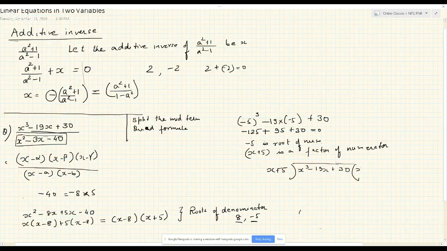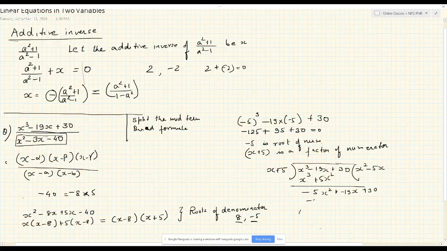Okay, so division will give you x square. This is x cube, and then this was plus 5, so plus 5x square. You subtract, this becomes negative, so it is minus 5x square plus minus 19x plus 30 comes down. What do you do? Next is minus 5x.